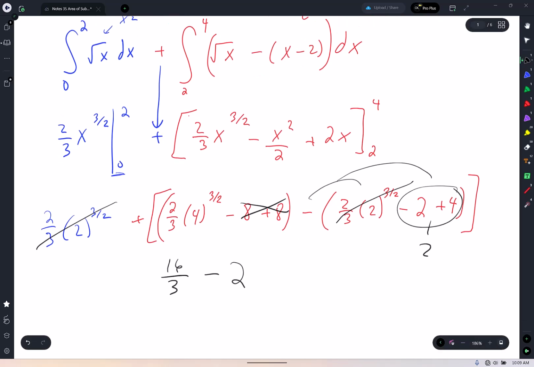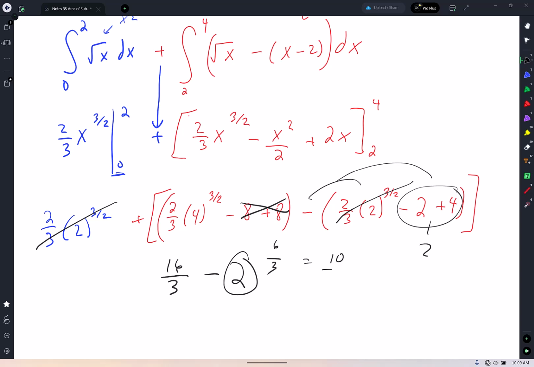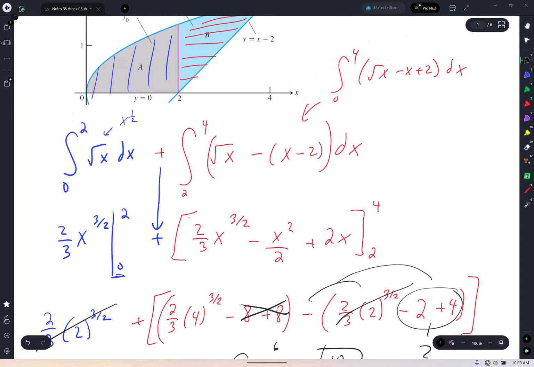All right, so I'm going to turn that 2 into 2 times 3, 6 over 3. 6 over 3 is 2. So 16 minus 6 is 10. So 10 over 3. That's my final answer.